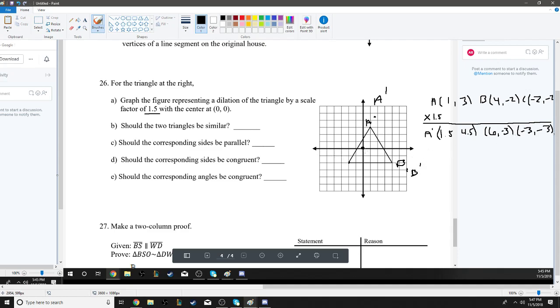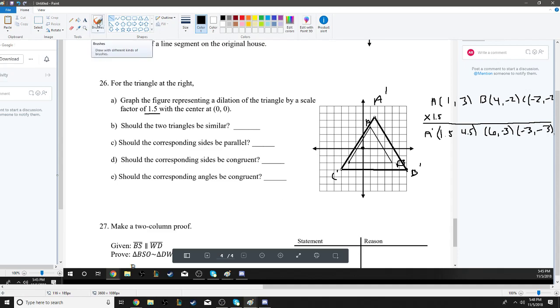And C will be located at -3, -3. C prime. Okay. And when you connect them all, you get the dilated shape.